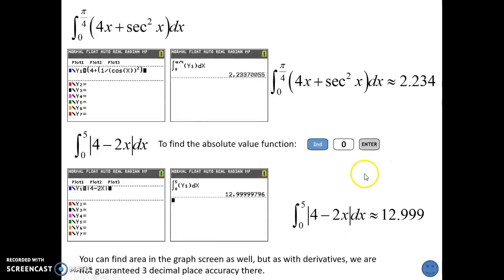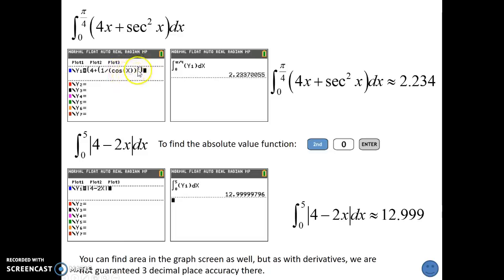Here's a couple more just to practice to show you how to put in secant and absolute value, things like that. So go back to y1. We have 4x. I think I went back and corrected that after I did the screen capture, but it's 4x plus secant squared. So secant squared is 1 over cosine squared.